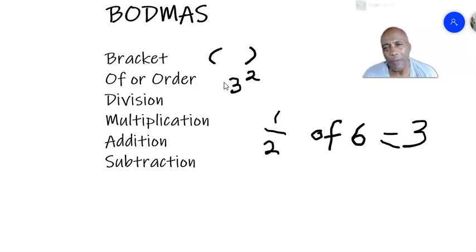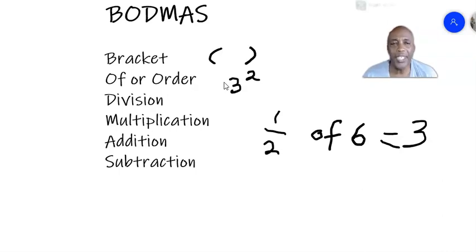So anytime you have that index operation here, it must be done before any multiplication or division or addition or subtraction, but after a bracket in the problem. We will look at examples in a while.